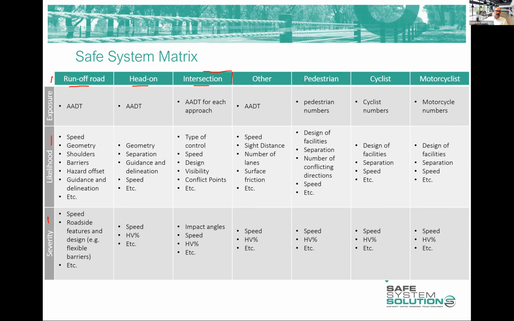This is where a car or a truck runs off the road. This is where a car or a truck leaves their lane and has a head-on crash with another car or truck. And this is an intersection where a vehicle is making a turn at an intersection or crossing an intersection, and they strike another vehicle within the intersection.